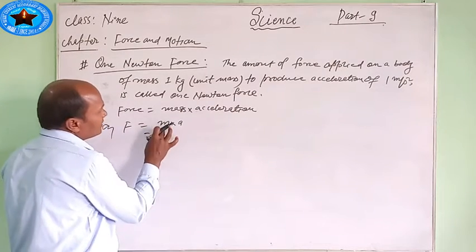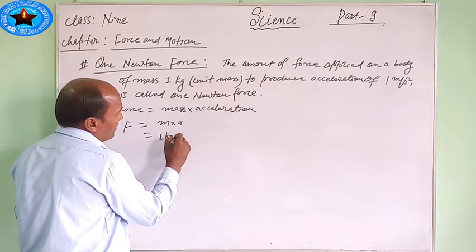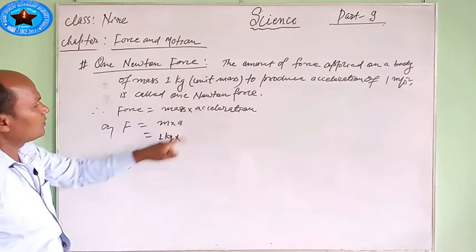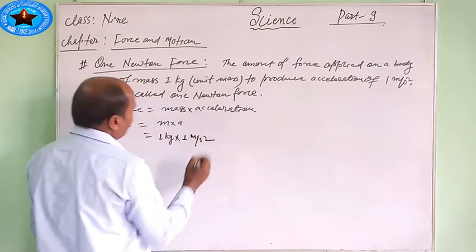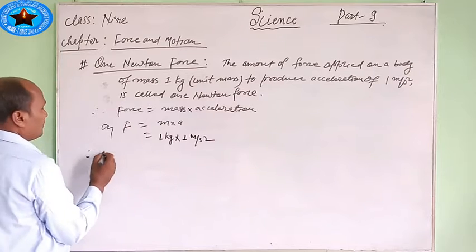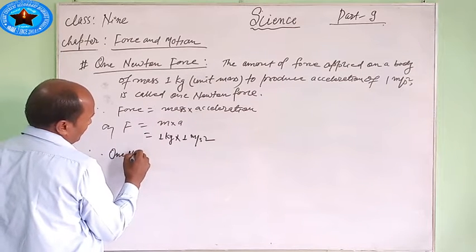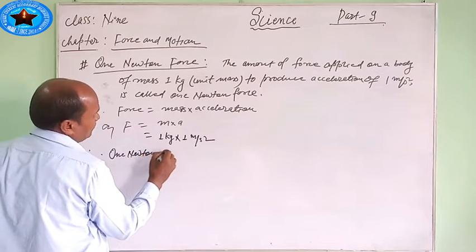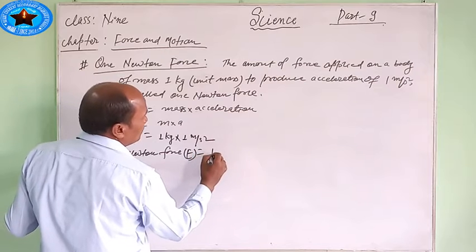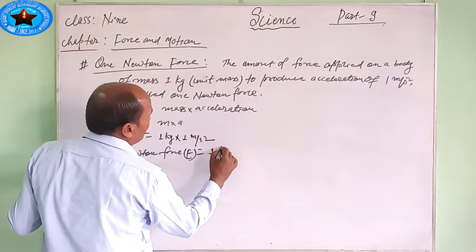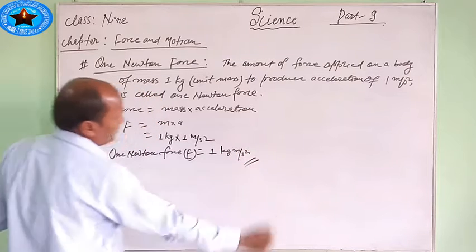So what is the mass of this body? 1 kg, and the acceleration of this body is 1 meter per second squared. Therefore, 1 Newton force, F is equal to 1 kg m per second squared.